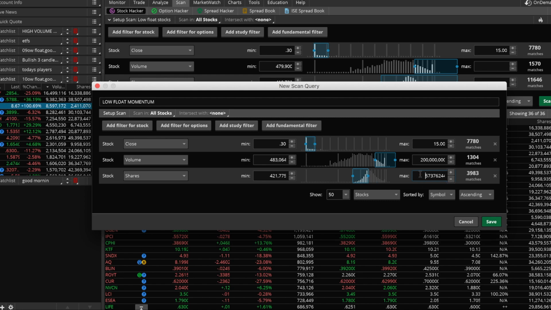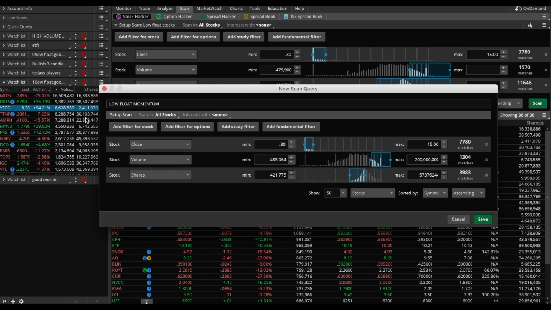Ideally it should be 50 million that I have in my scanner. The reason we want to use about 50 million is because we want to keep it to low float stocks. As you can see here, some are typically like 6 million, 2 million, which is perfect, the ideal number for low float stocks.